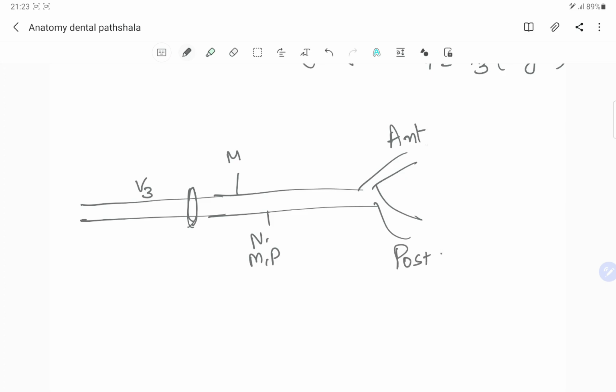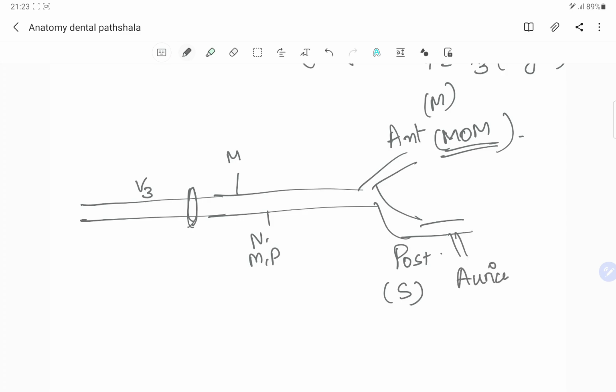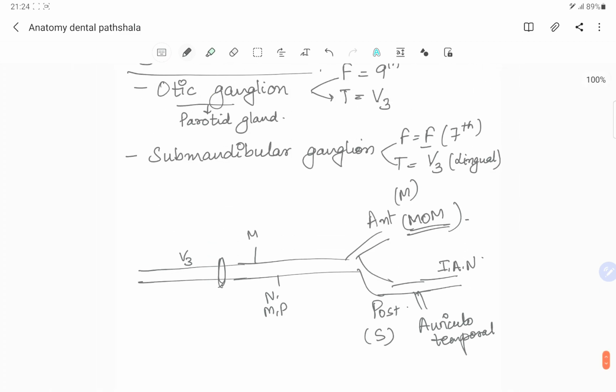So the anterior division is mostly motor, posterior is mostly sensory. The anterior division supplies the muscles of mastication. The posterior division gives off the auriculotemporal and the inferior alveolar nerve. So this is the mandibular division of the trigeminal nerve.